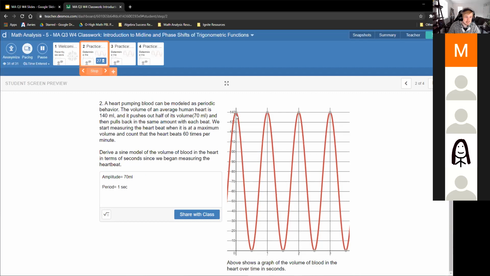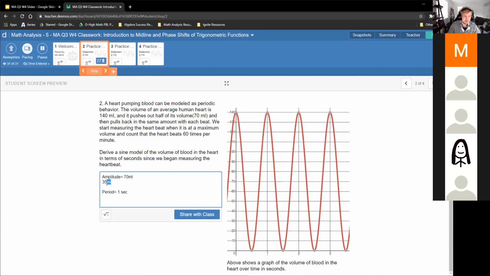So really, the minimum shouldn't be 0, because the heart doesn't reach 0 blood in it. That was my bad when I made this graph. That kind of changes some of the things in this. So if you said 70 or if you said 35, based on the way that you did it, I would take either one of these, because that's my mistake.